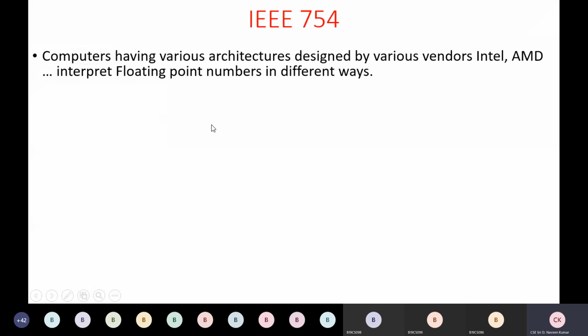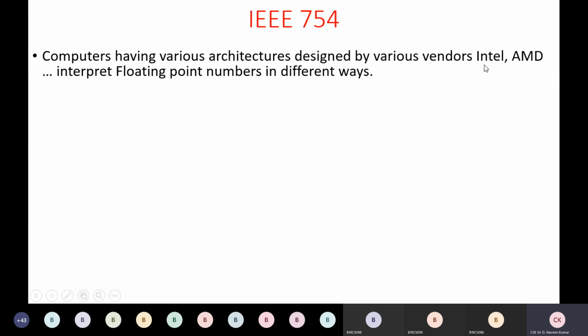So it's like this. We already know there are various vendors, Intel, AMD, and various other companies, and they design computers. They may follow different architectures, so they may represent floating point numbers in different formats.